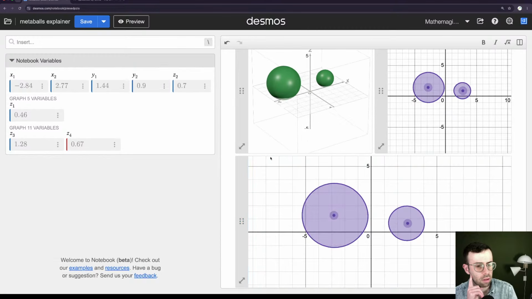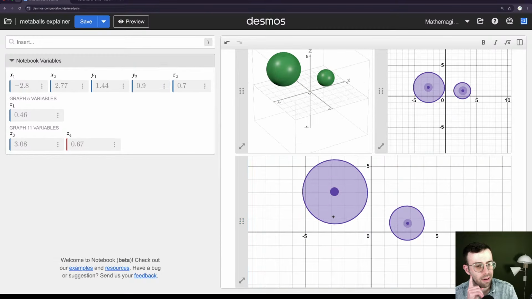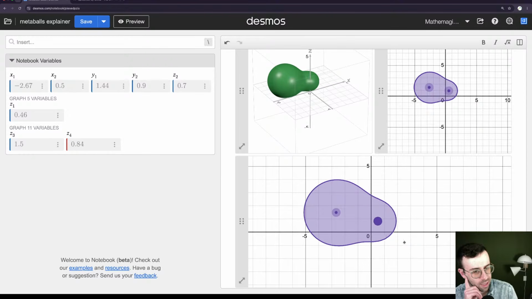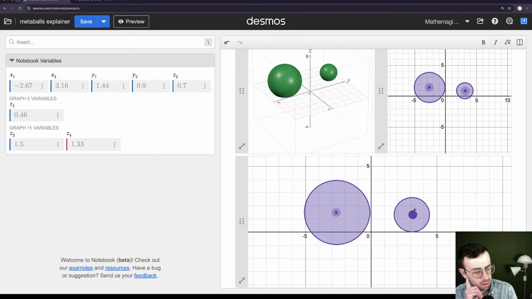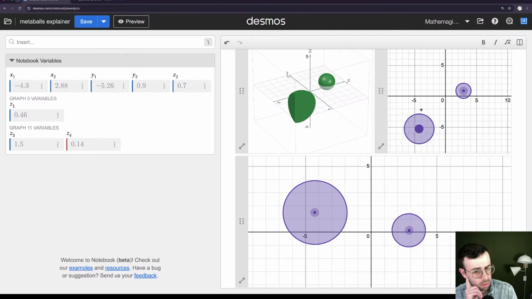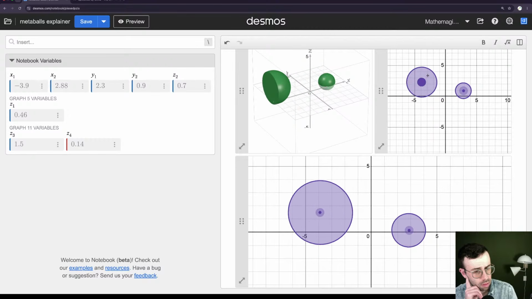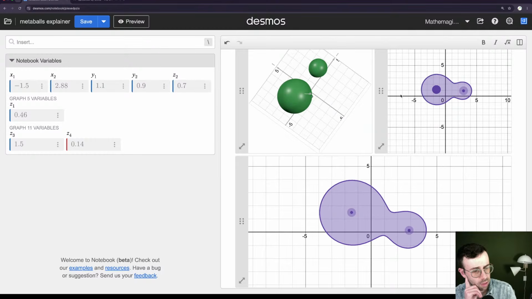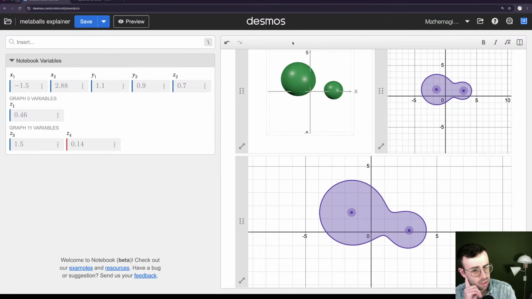All right, so now it's just cool. I don't know if this is getting me to explain the... Like this moves it in the XY plane. This is the XZ plane.